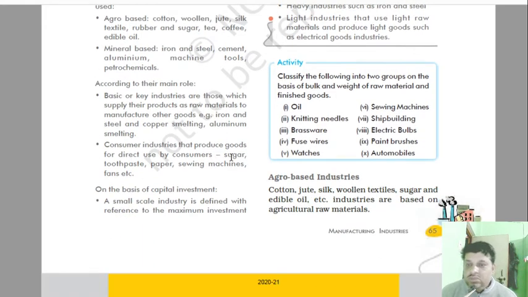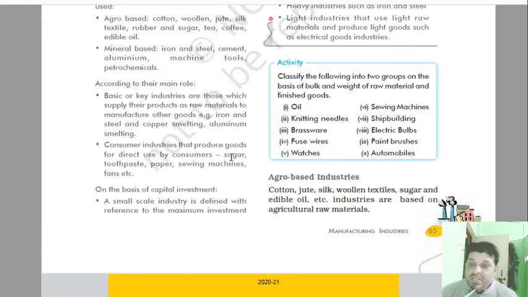According to their main role, it means what type of production is being made in that industry, accordingly it may be basic or key industry or consumer industry. Basic or key industries are those industries which supply products as raw material to manufacture other goods. It means a few industries are of such a type which need raw material not directly from the primary sector but from primary industries.